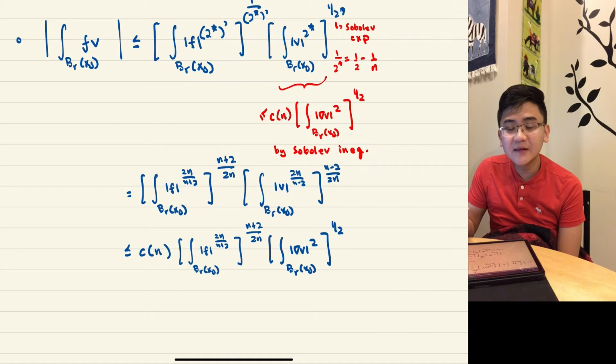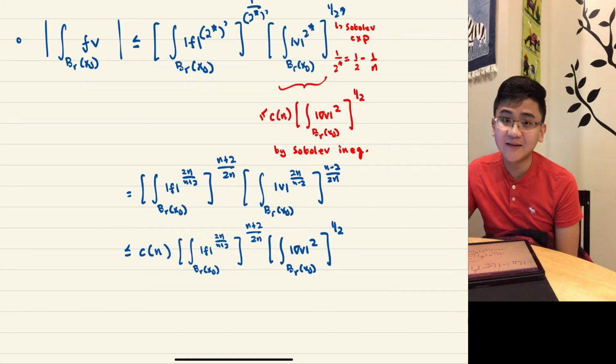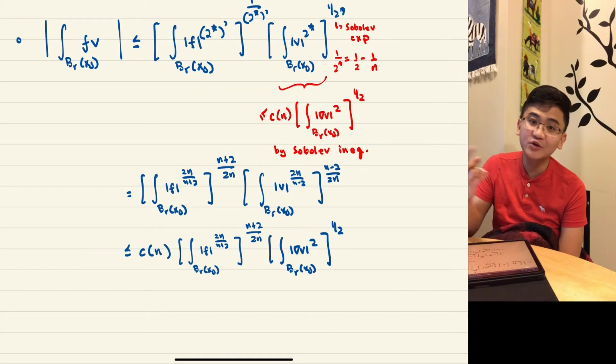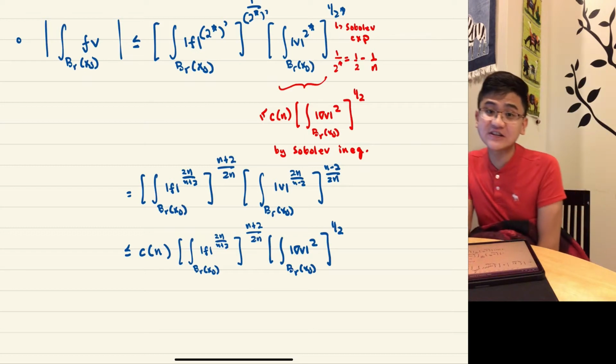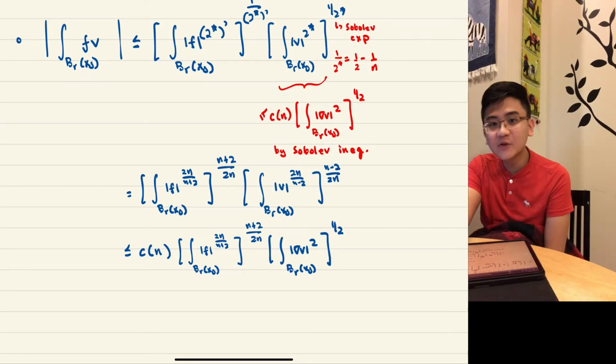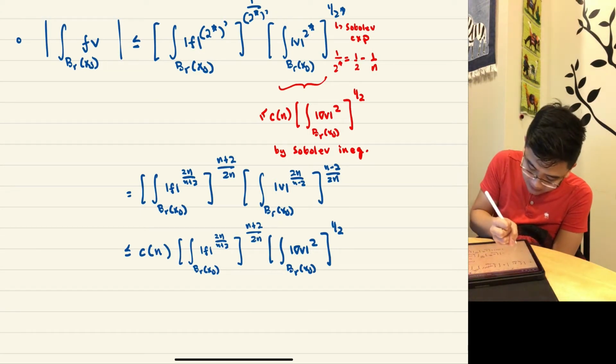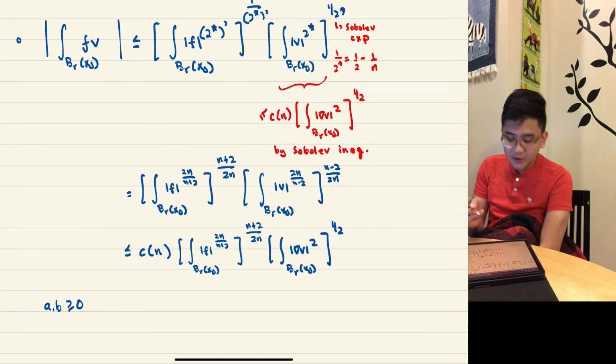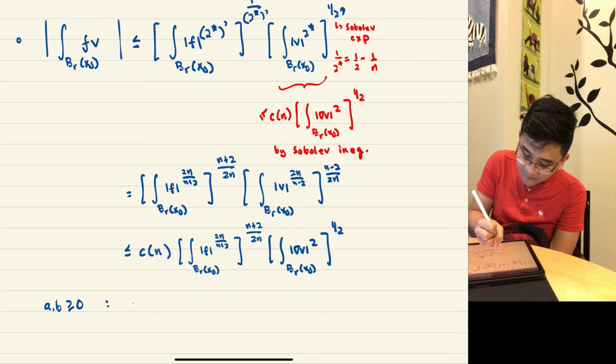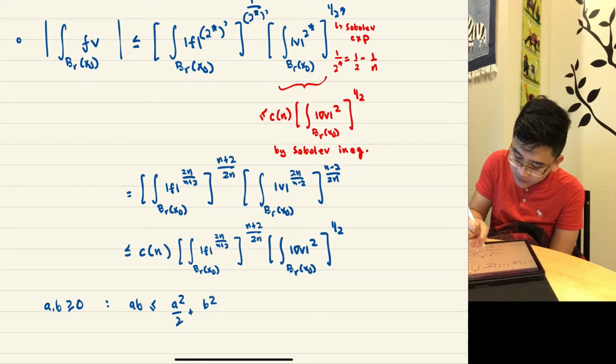So the next thing that I'm going to do is also a fairly standard trick. I am going to separate this product using Cauchy's inequality, but with a twist. Remember that Cauchy's inequality says that for a and b greater than or equal to 0, ab is less than or equal to a squared over 2 plus b squared over 2.